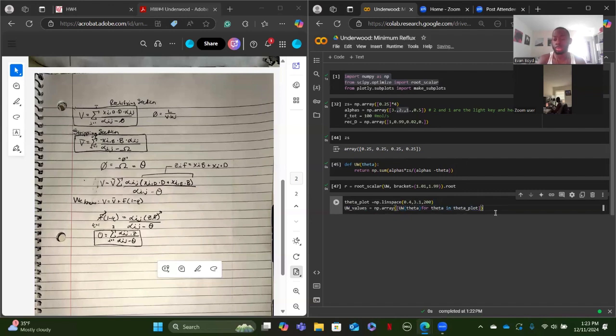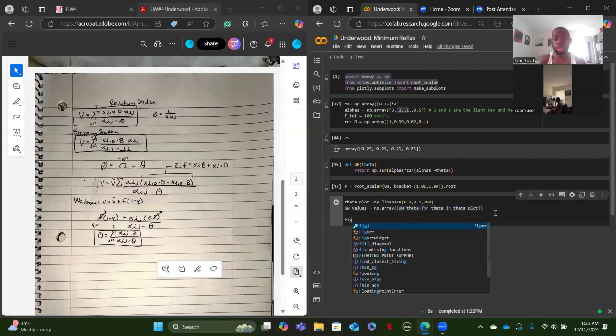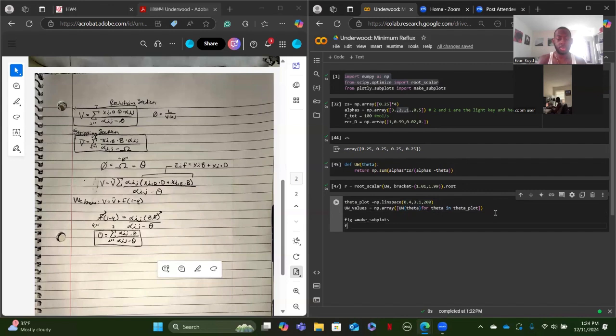Yeah, that's pretty much it. We can just plot this now. So fig makes subplots. You want to add scatter, so fig.add_scatter, with our x being our theta plot and our y equaling our Underwood values.